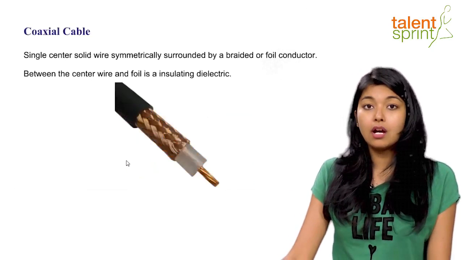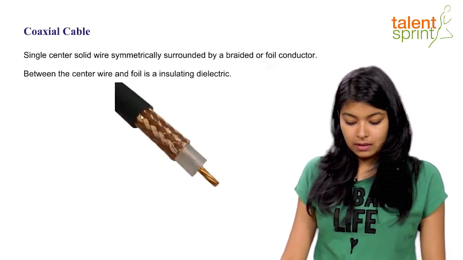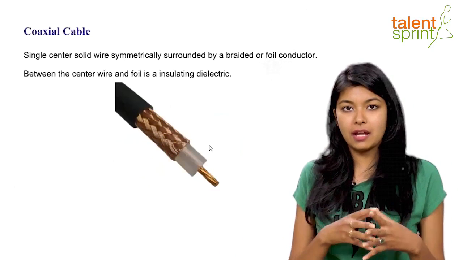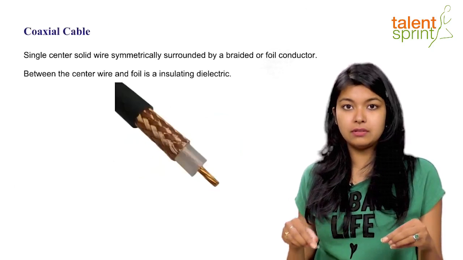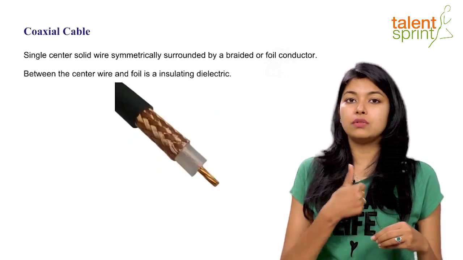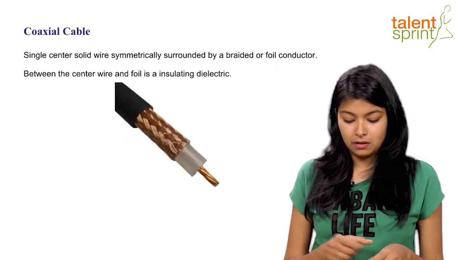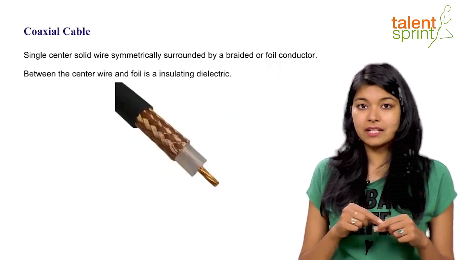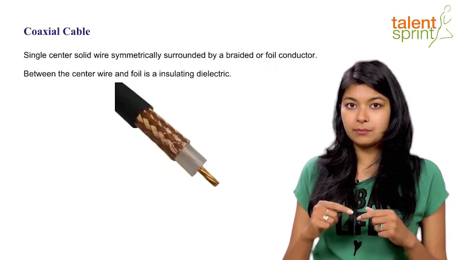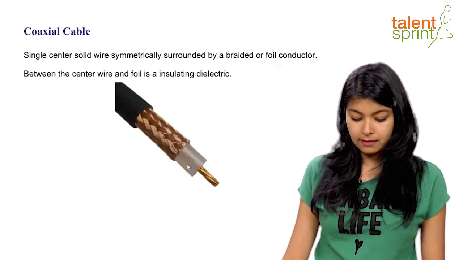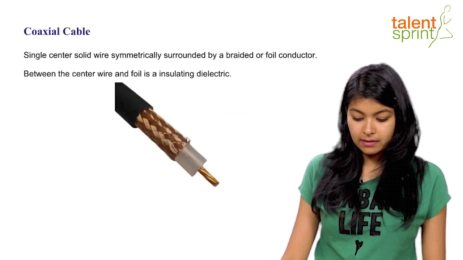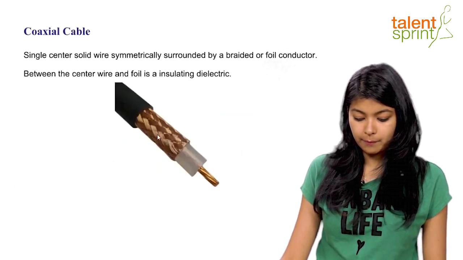Moving on to the next, coaxial cable. You might have seen this if you have a dish connection at your home. This cable looks exactly like this, and runs from the service provider to your television systems. If you open it out, you see a central core of wire. Then there is an insulating medium, the white colored medium, that insulates the central wire from the symmetrically surrounded braided foil out here.